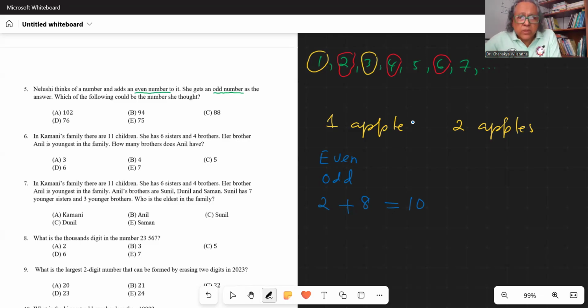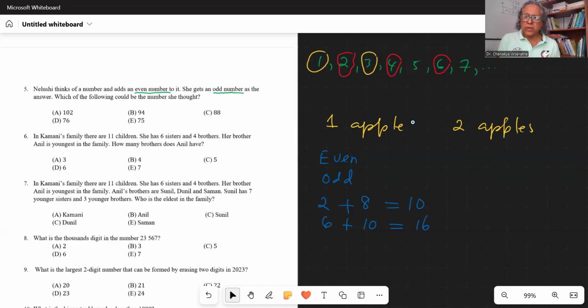Let's try one more pair. Let's add 6 and 10. You get 16. Again, an even number. So it is actually true for any pair of even numbers. When you add them up, you get an even number.